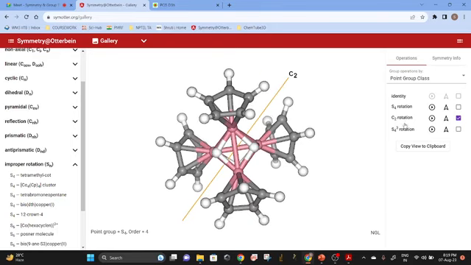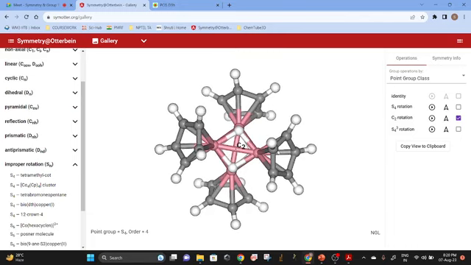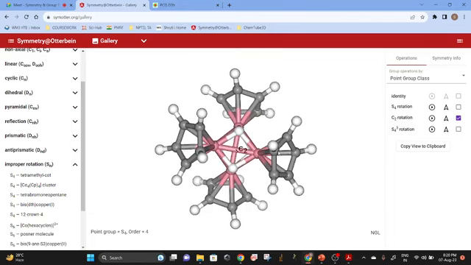This is a difficult one. There is only one C2. Okay. There is only one C2 passing through the center of the bridging ones and this one. Let's see.